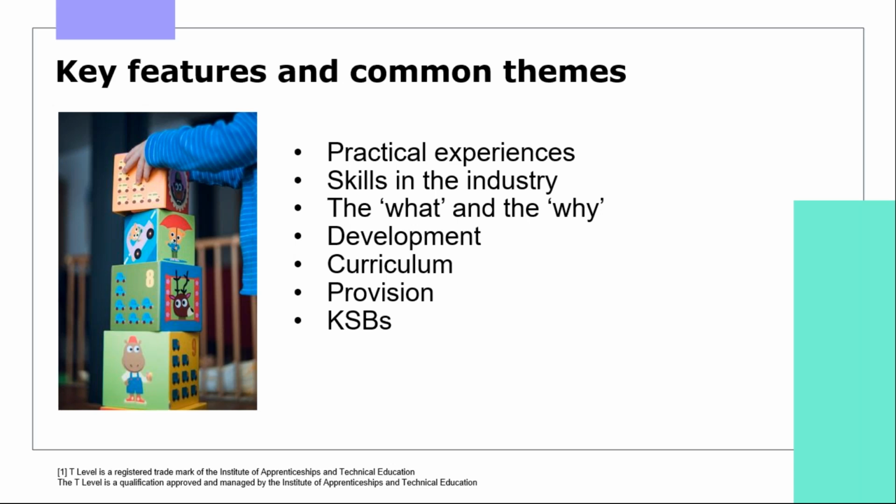The child must come first, the young person must come first, and then the curriculum is built around them. Provision: where can you actually be employed in education and childcare? And of course, the knowledge, skills and behaviours. So we hear a lot about KSBs and the links that those have with the standard from the apprenticeship and the Trailblazer standard, the employer set standard for this industry.